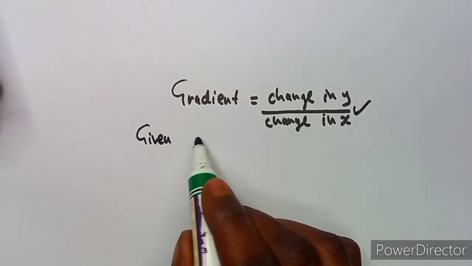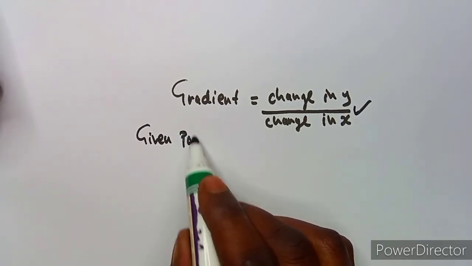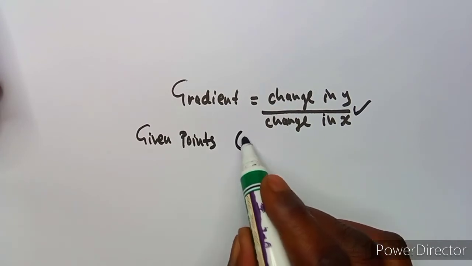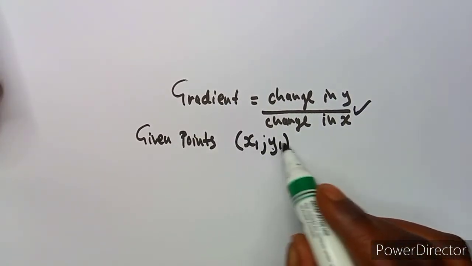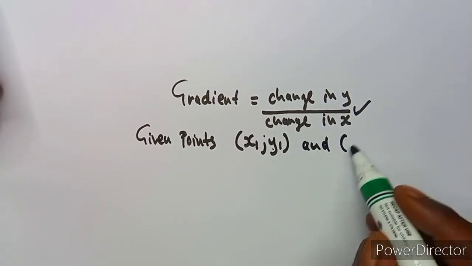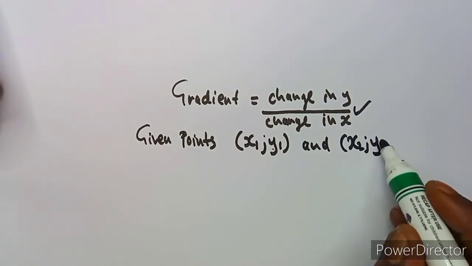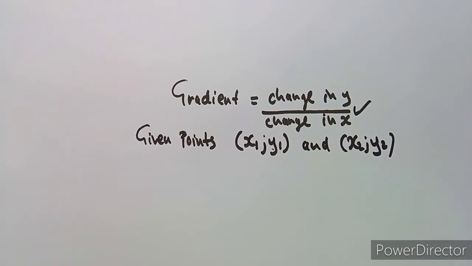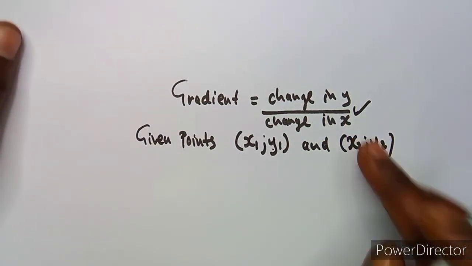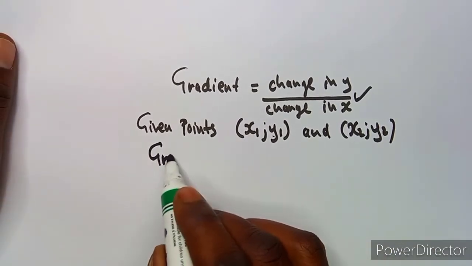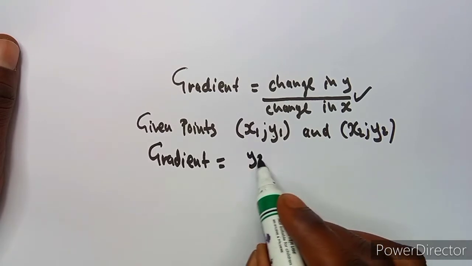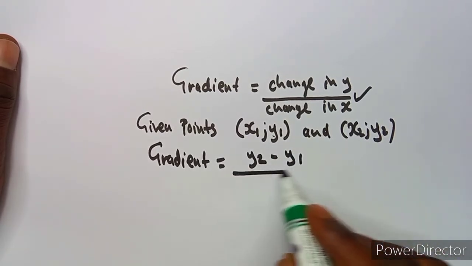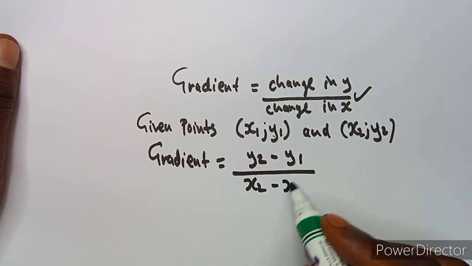So given points, let's take the first one as x1, y1 and another one as x2, y2, like this. These are the points that you're given. This gradient that we are referring to as the change in y over change in x is going to be given by this formula: gradient is equal to y2 minus y1 over x2 minus x1.